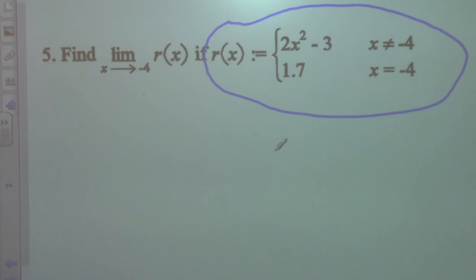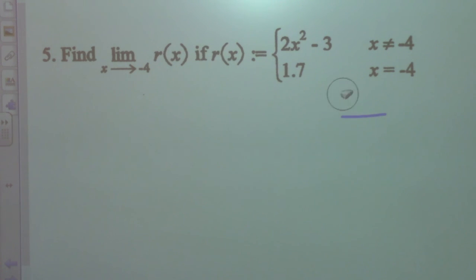Whenever you see a function like this, f of x equals, with different lines, you call it a piecewise function. Basically you have different rules for different pieces of the function.